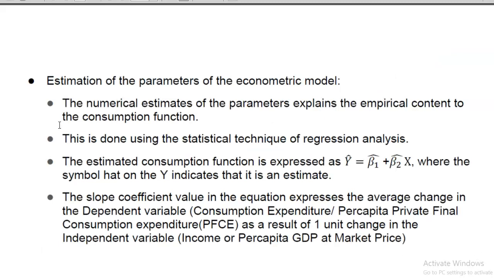Now once we determine this linear relationship, we estimate the parameters. That is why this symbol comes, where you have y hat, beta 1 hat and beta 2 hat. We are taking a particular time period and using only that time period to measure the relationship. All the other time periods we have not taken.